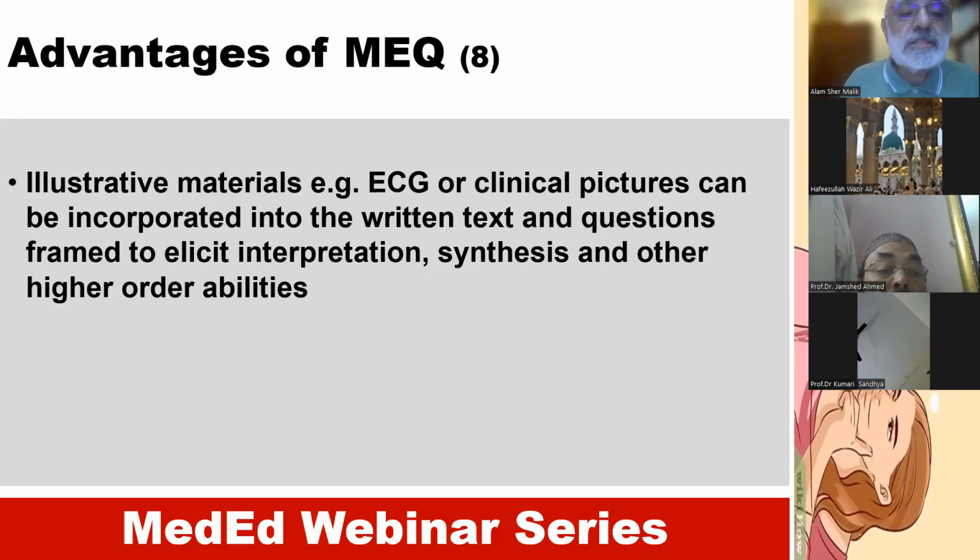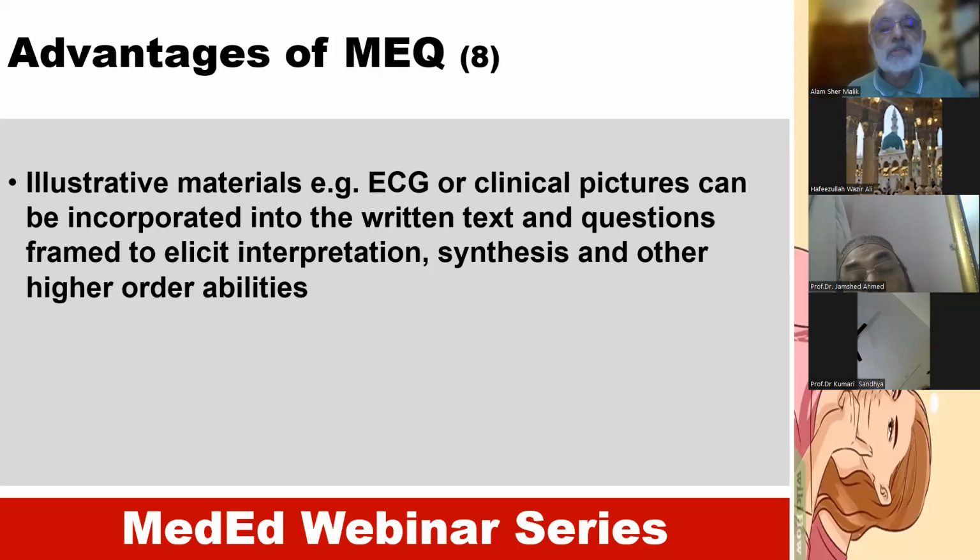We can use illustrative materials, as I showed in the example. We can use ECGs, we can use clinical pictures, we can use even X-rays if we have a good printing facility, and they can be incorporated into the written text and questions framed to elicit interpretation, synthesis, and other higher order abilities.